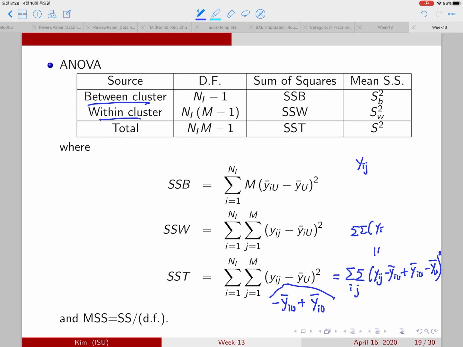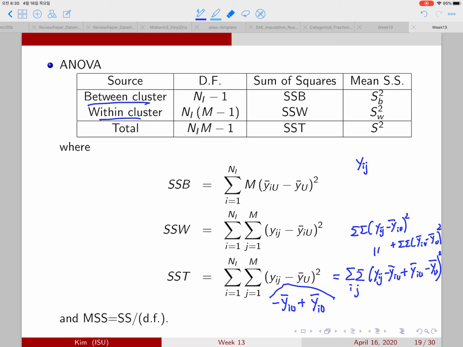Okay, and then we can write it. We can expand this summation, and plus y bar iu minus y bar u squared, and then the cross product term is 0.